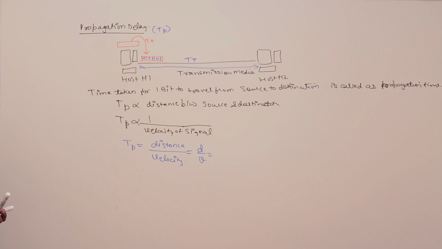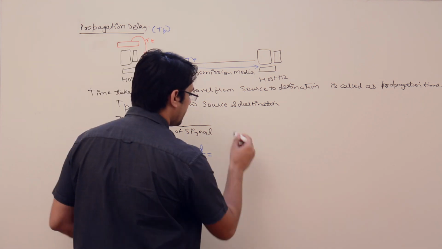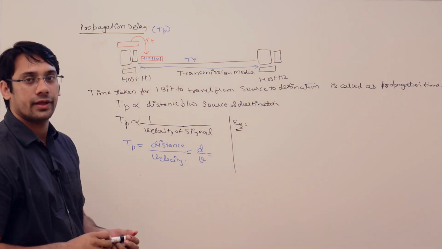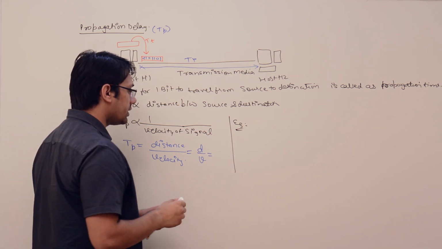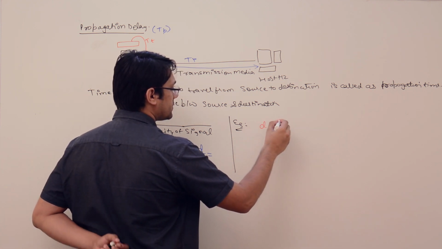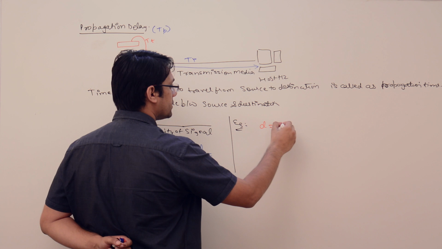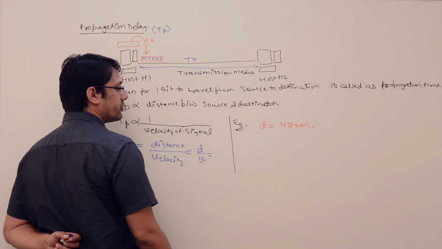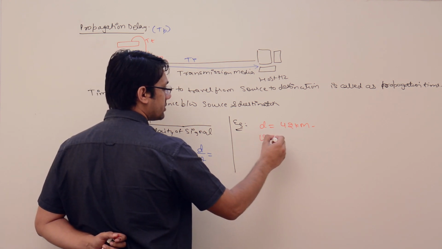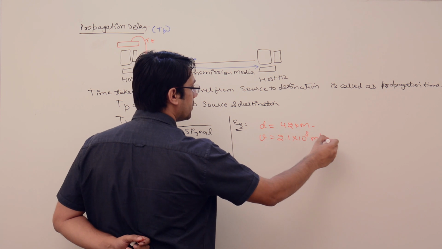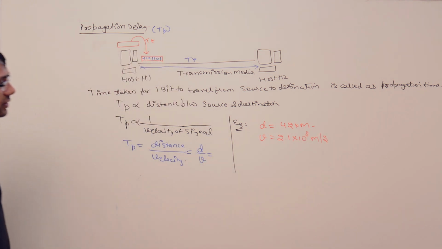For example, assume the distance is 42 kilometers between the source and destination, and the velocity of the signal is 2.1 into 10 raised to power 8 meters per second.